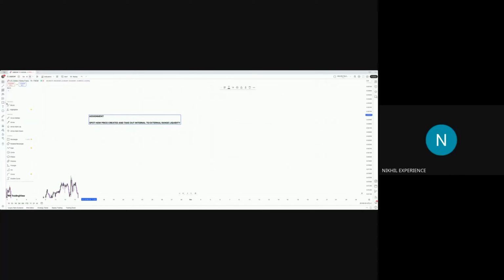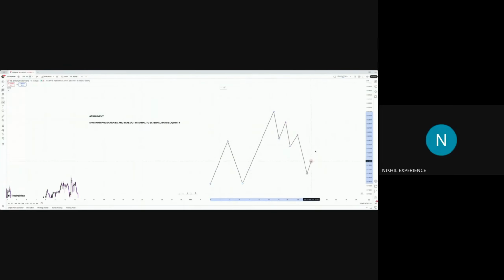It's simple. Just go to your charts. I want you to identify your range, then identify areas of internal range where price actually took out internal range liquidity, and where price took out the external range liquidity. All you have to do is use your color to mark it.